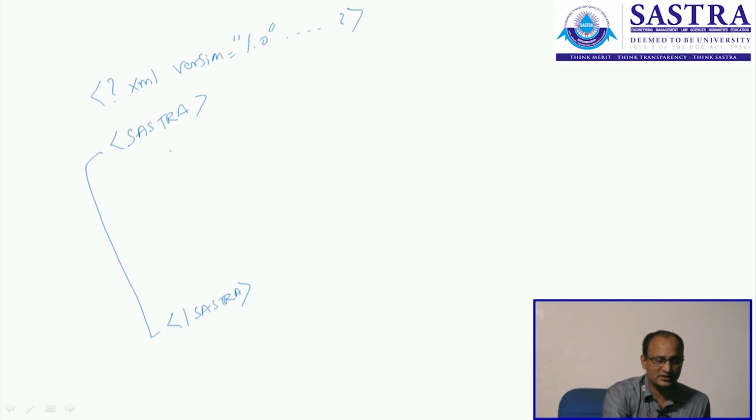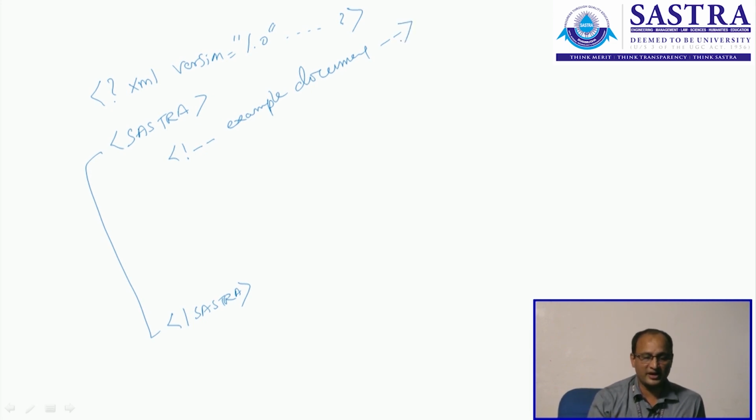Within this I would like to have, what is this? This is a comment statement. This is an example document. I have given only an example document and end with hyphen hyphen closing angle bracket.